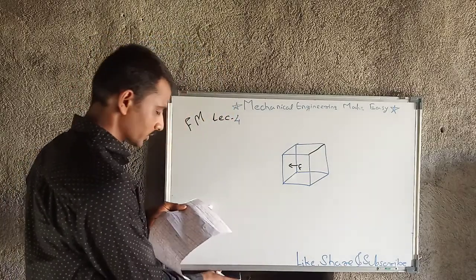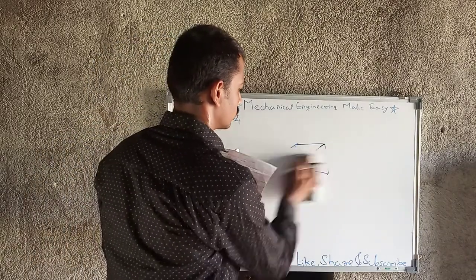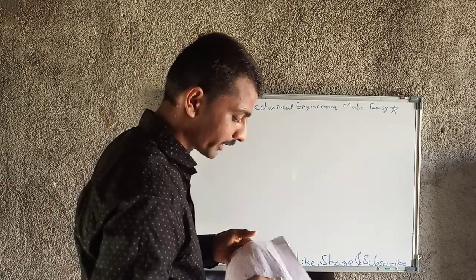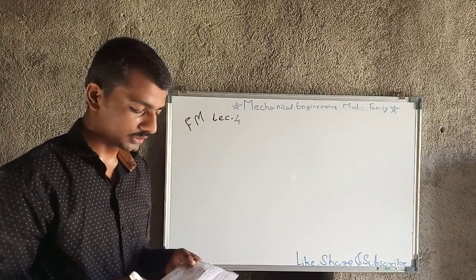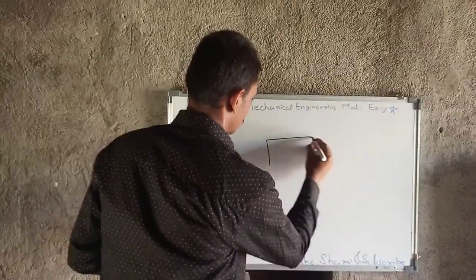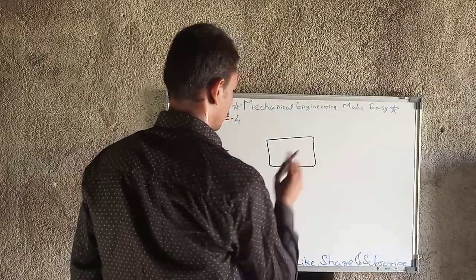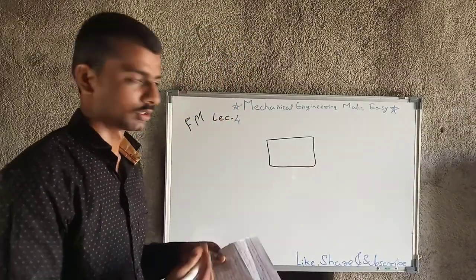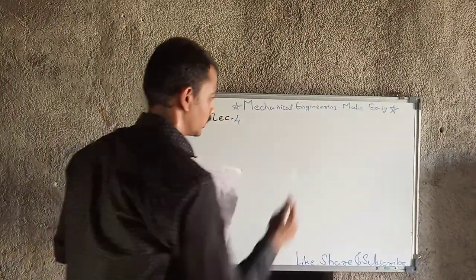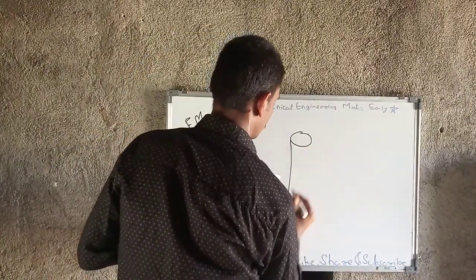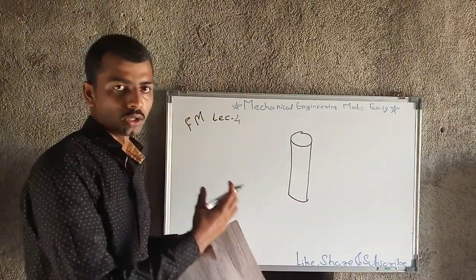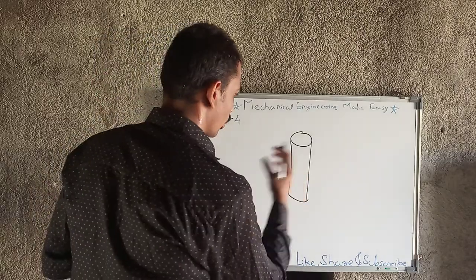And then we will move towards the center of pressure. Center of pressure is the point at which the total pressure is supposed to act. I think I will give you the example of a cylinder. There is one cylinder like this, and all the pressure will be exerted on all the walls.